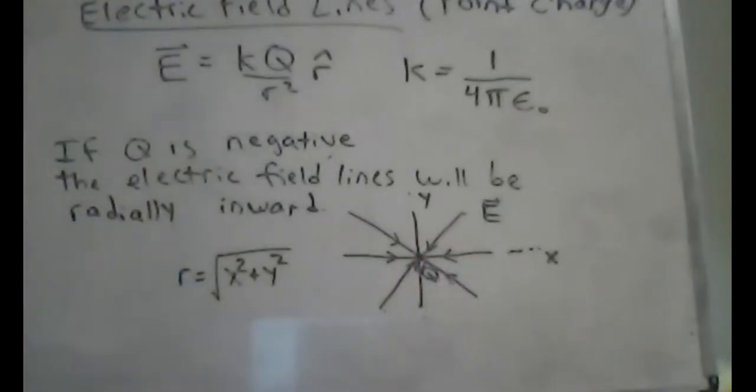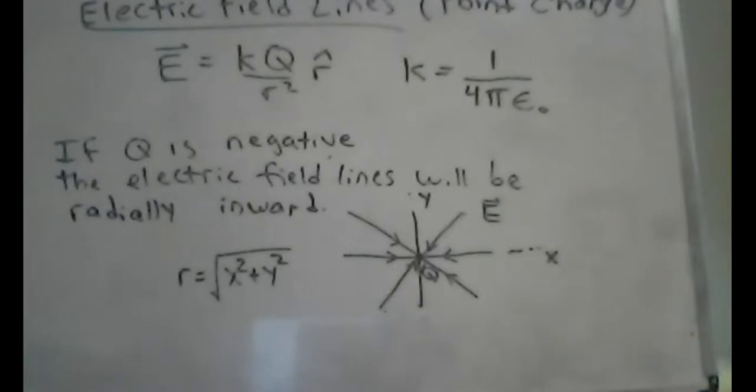So the picture I drew was the first picture. On the bottom of page 1, I very carefully drew a picture with a positive source charge, and I just drew about 6 or so radially outward electric field vectors. That's all I did. And I stated that R is equal to the square root of x squared plus y squared because I drew them in Cartesian coordinates, but it really is radial.